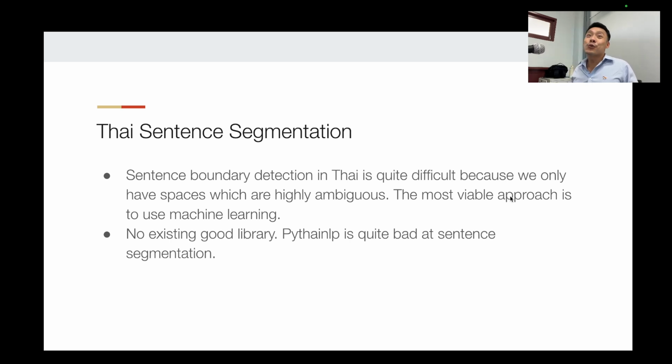A space can be between English text and Thai text because it looks nice, so that we can pause and separate the two scripts. That's why it's quite difficult.